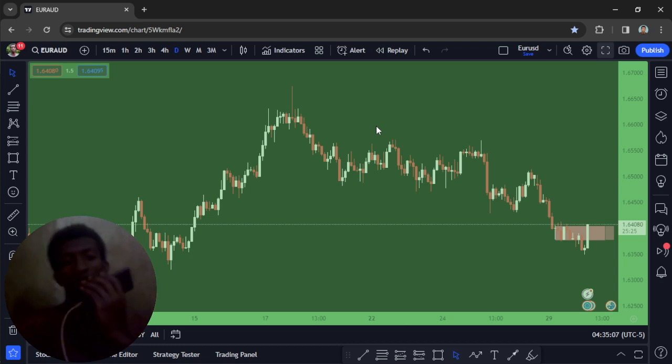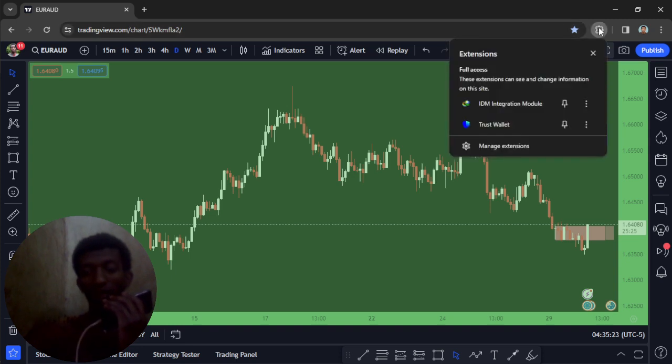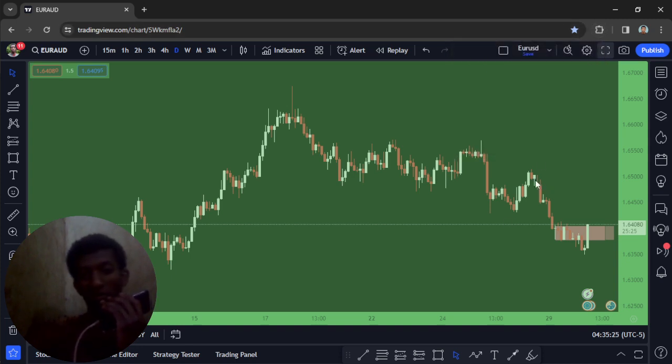There is no difference. One day Euro Aussie makes the third model, the other day Euro Chef makes the third model. One day Euro Pound makes the second model, the other day Pound Dollar makes the second model, right? It is the same thing, just packaged in different ways.